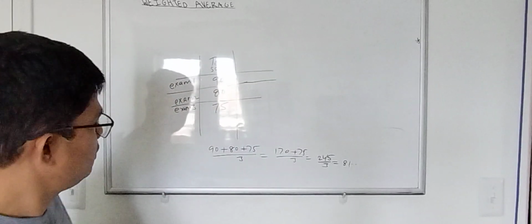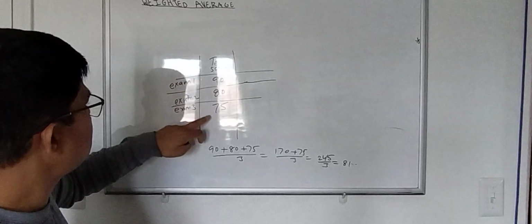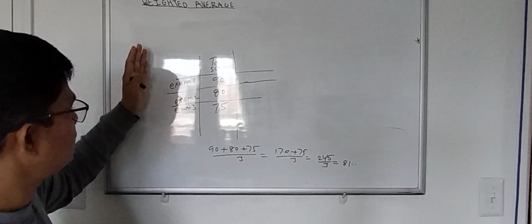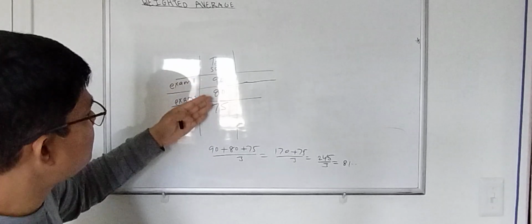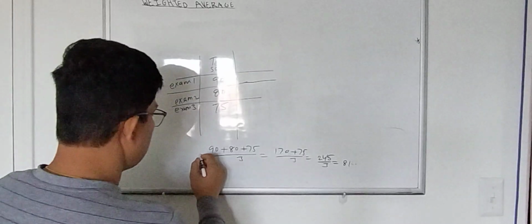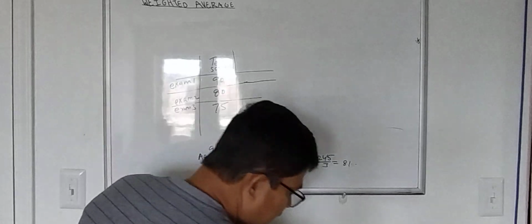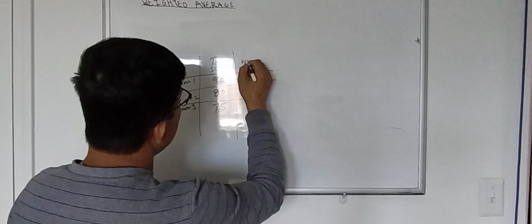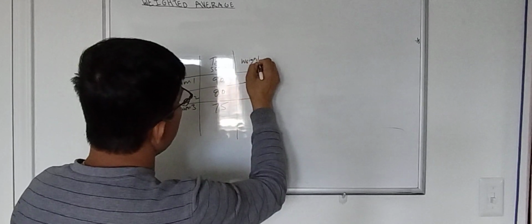Look at the board. If I ask you what is the average test score for that particular student in that semester, you will just take the sum of these 3 scores and divide by 3. This is the average. But what if the teacher said the weights of these exams are different?